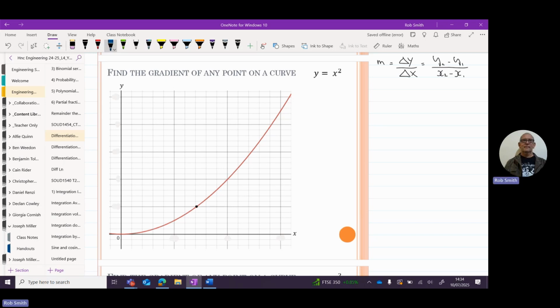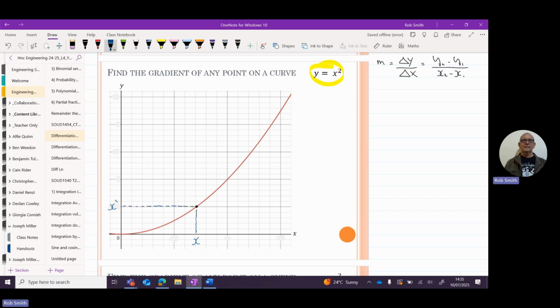This point here is quite straightforward. That is just going to be the value x. And my function up here tells me to find the value of y, I just have to square the value of x. So this has to be x squared.